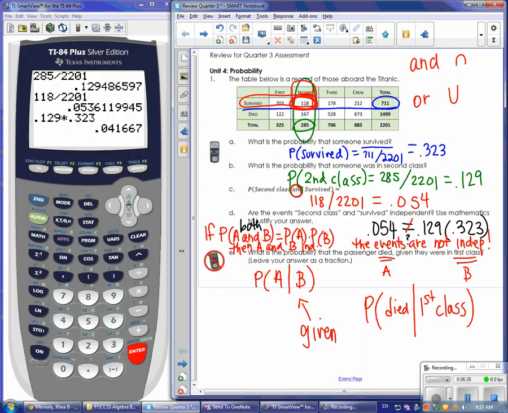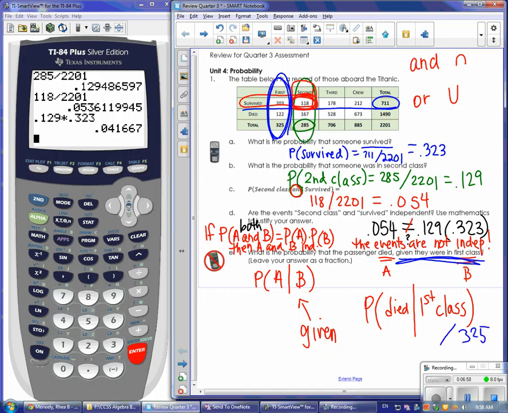Now, in terms of calculating the probability, if I'm given that they were in first class, then that is the only group of passengers I want to consider. I'm not looking at everybody on the boat. I'm only looking at the passengers that were in first class. So instead of dividing by the total number of passengers, I'm going to be dividing by the 325.